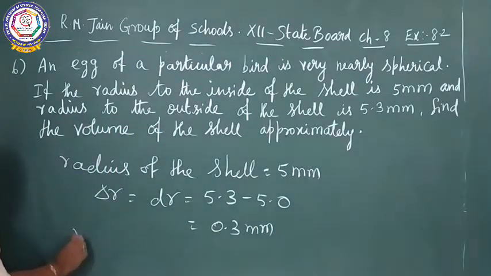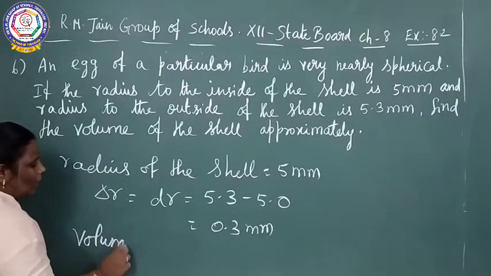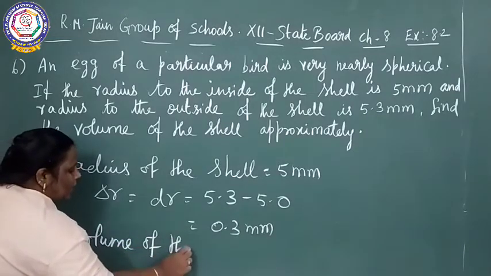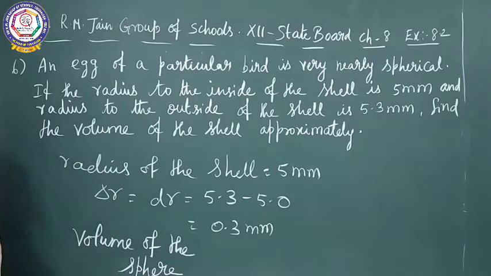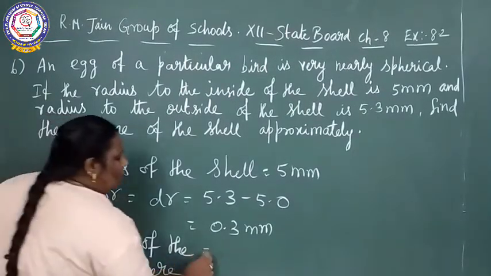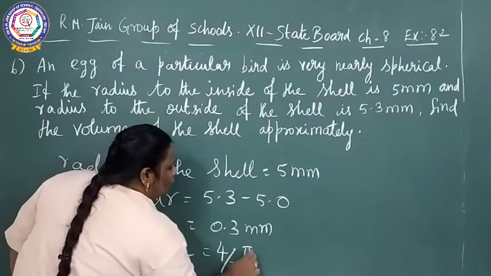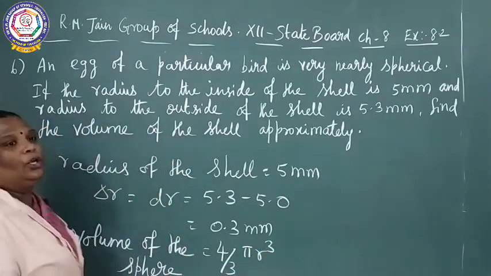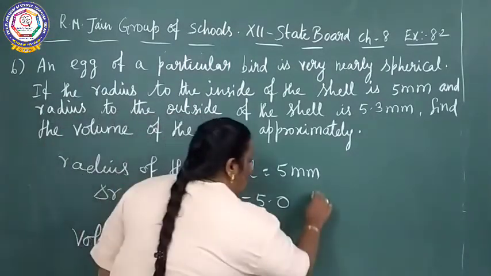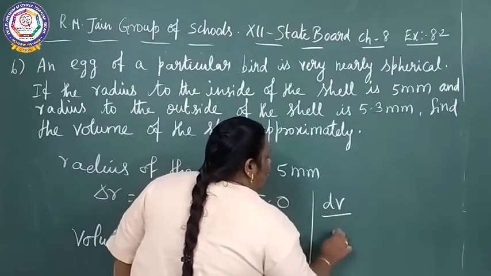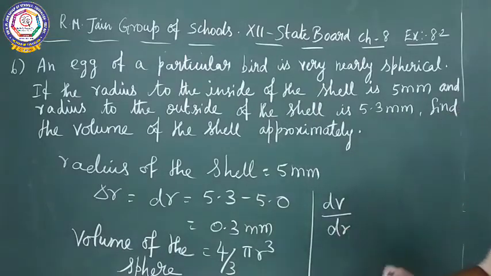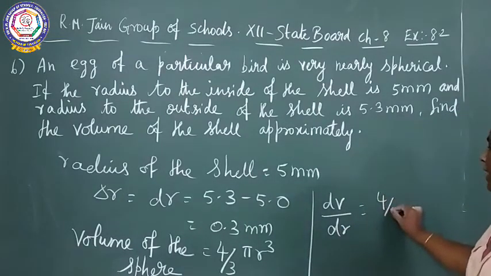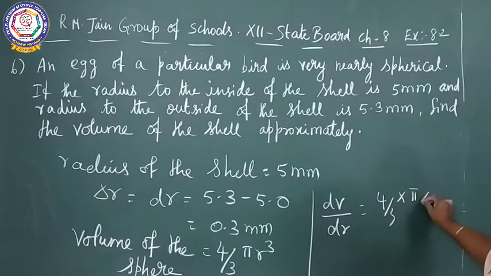What is the formula for the volume of the sphere? Volume of the sphere equal to 4 by 3 pi r cube. So dV by dr, the derivative of volume with respect to r, gives 4 by 3 into pi into 3 r square.